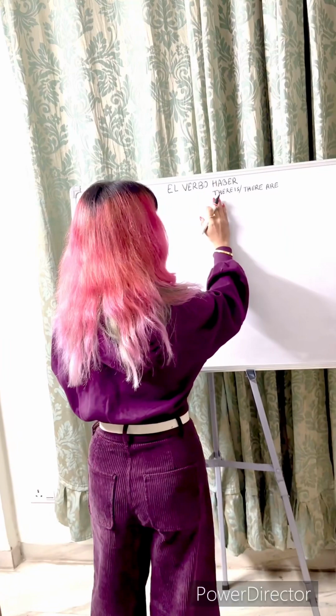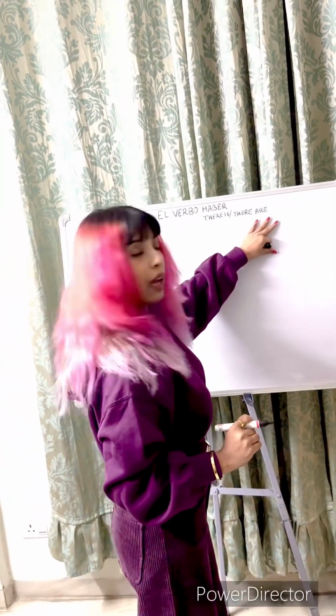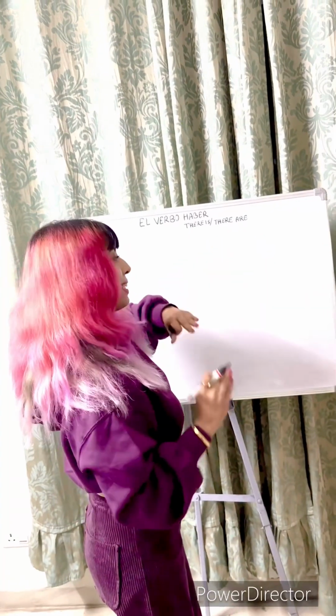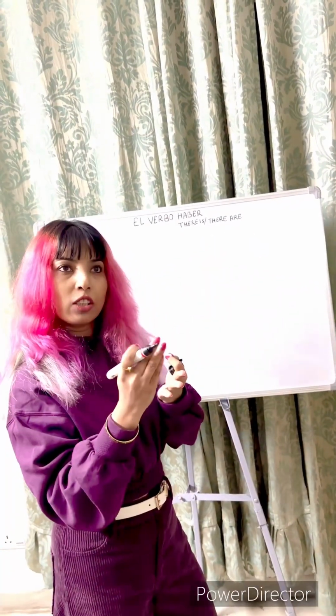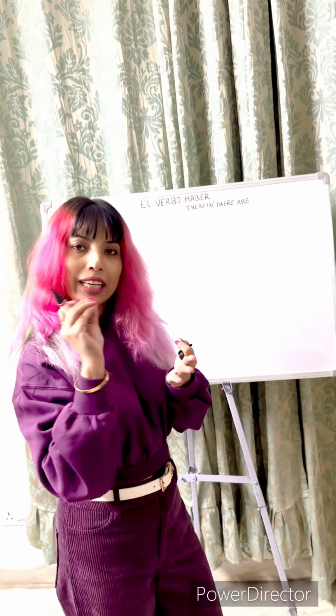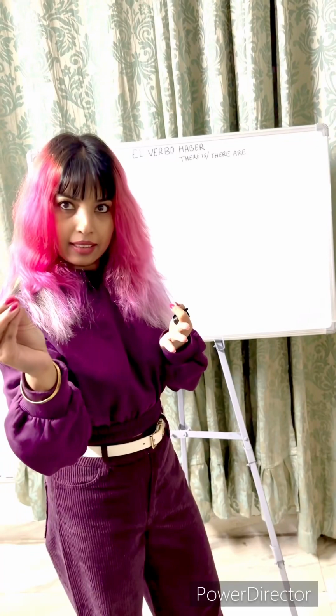And haber means there are. And I have already told you guys that in Spanish language we have different conjugation of every verb for each pronoun in case of same form of tense.